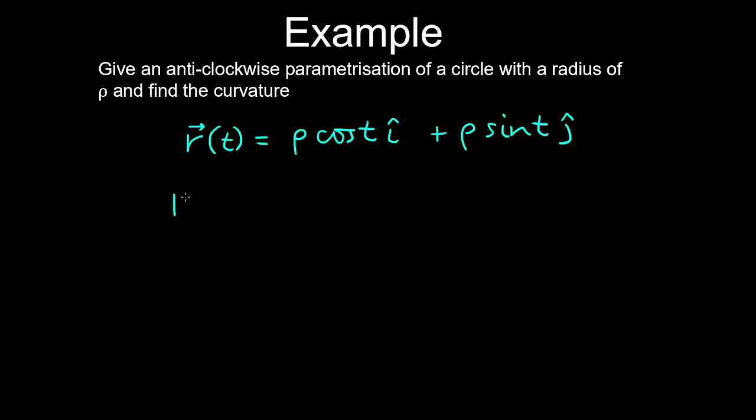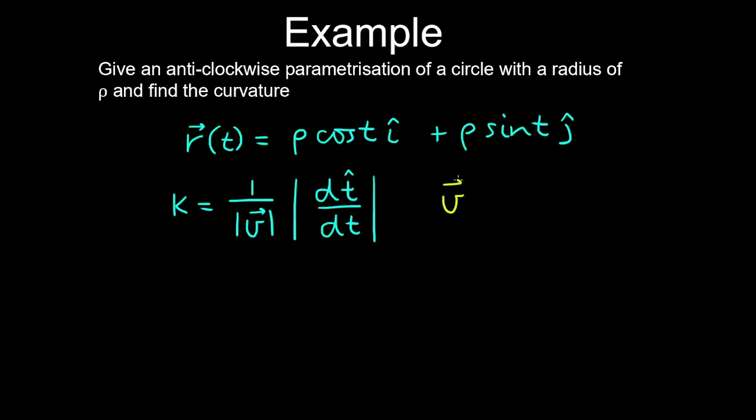And recall the curvature was equal to 1 over the magnitude of the velocity vector times the magnitude of the derivative of the tangent vector with respect to the parameter t.